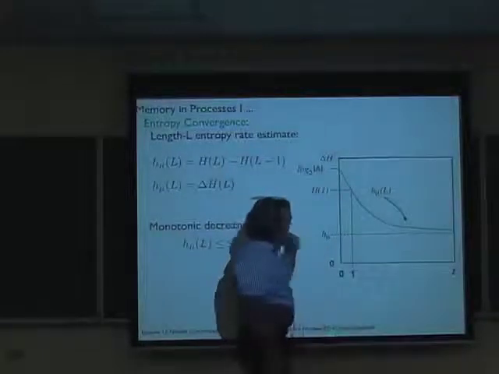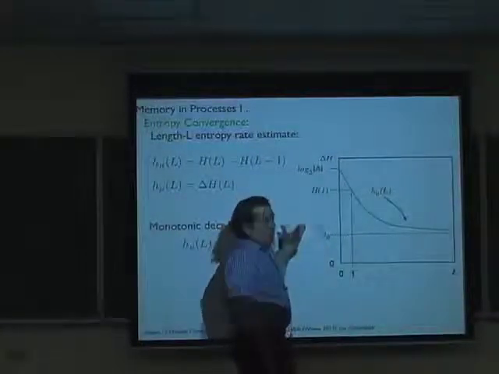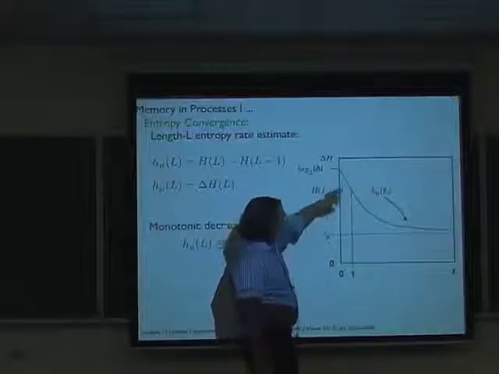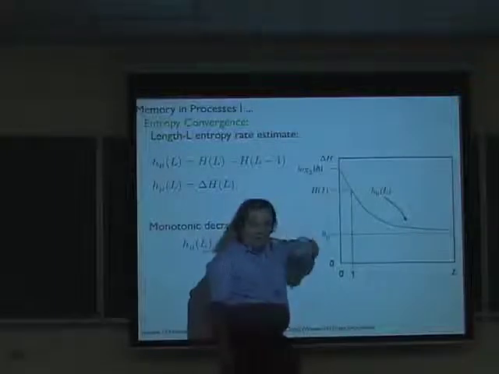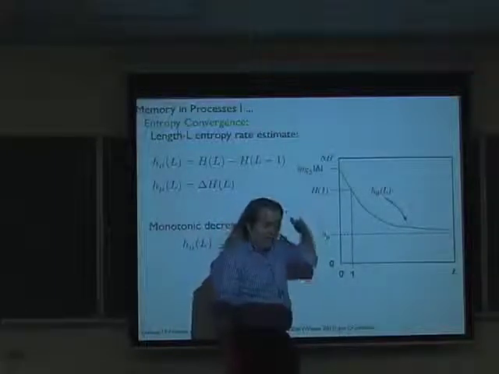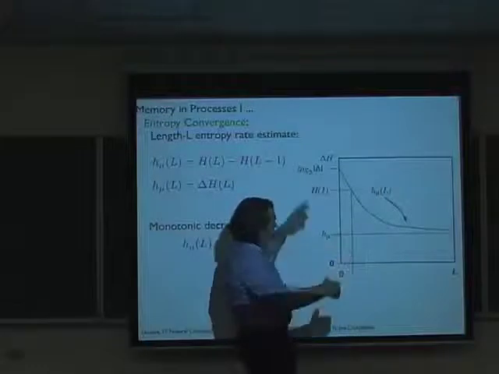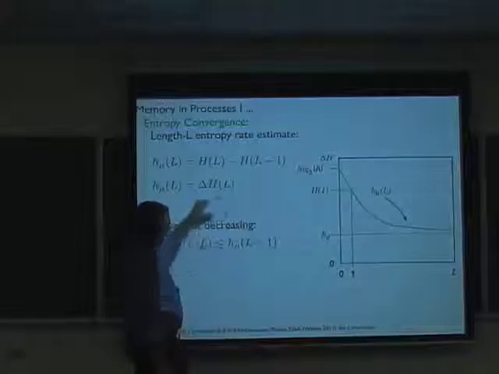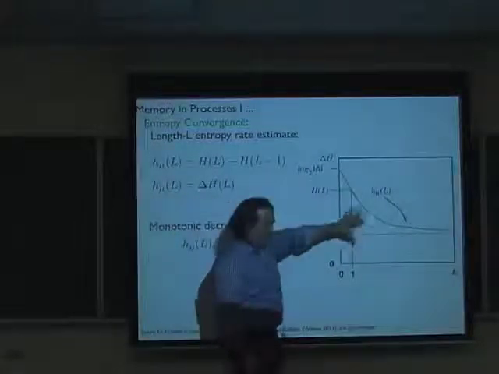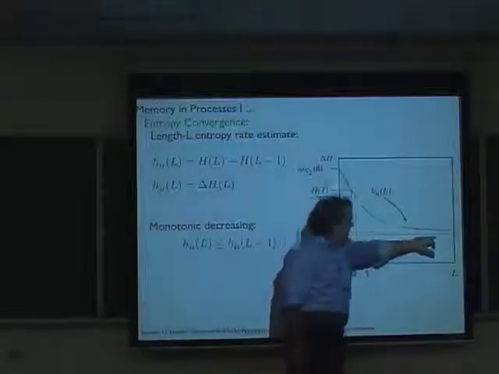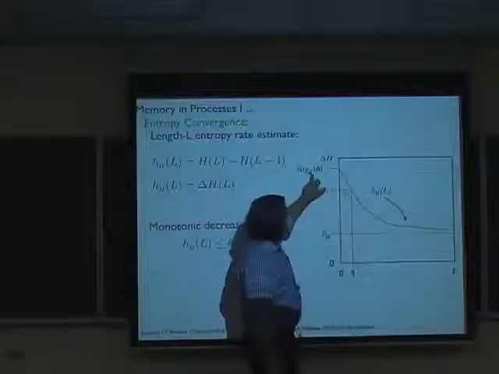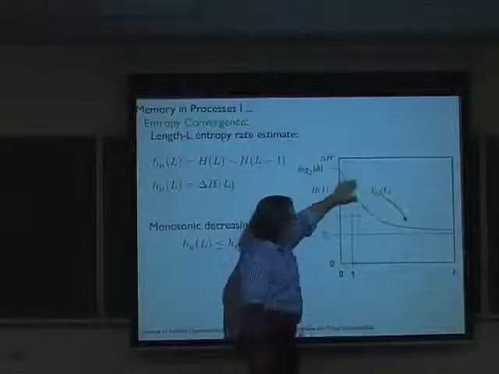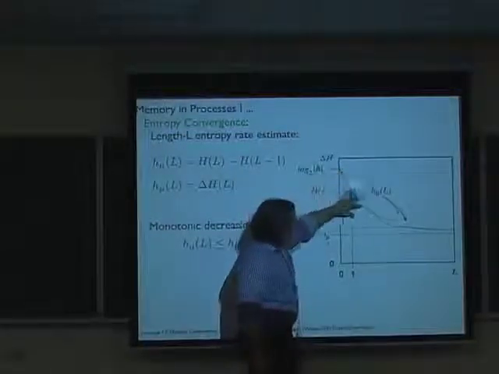In some ways, this at first blush is just a different way of presenting the data, but it makes it a little bit clearer about the convergence process, how long it takes, how large a word we need until we get to the entropy rate. Okay, so here's the entropy rate in this cartoon picture, the dashed line, and then this h mu of L, this 2-point approximate of the entropy rate, converges to that.